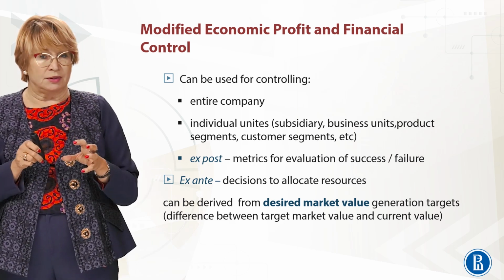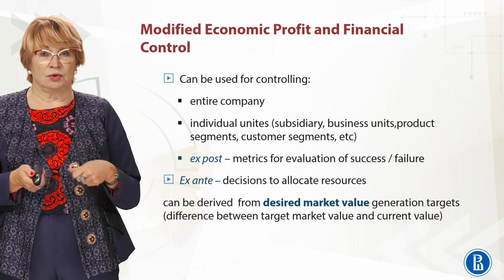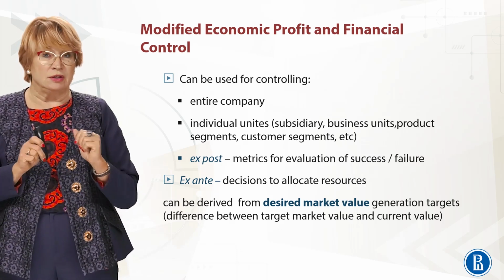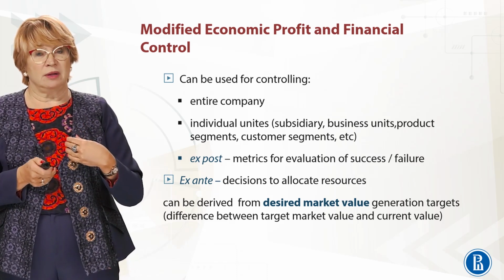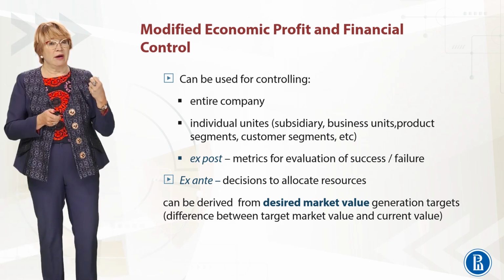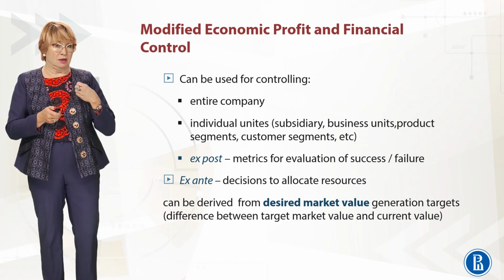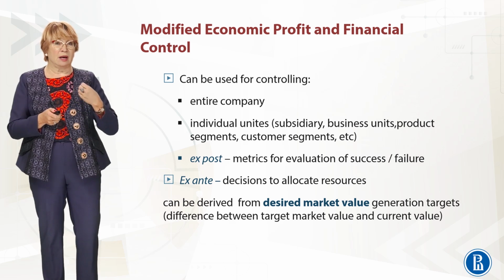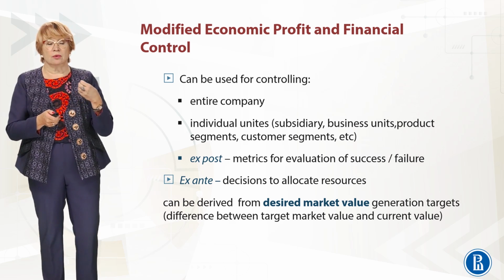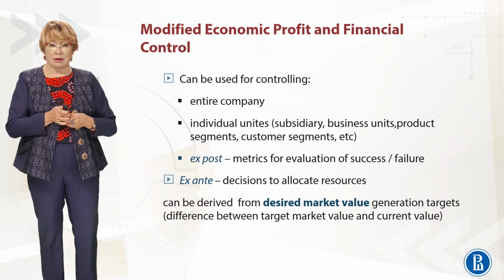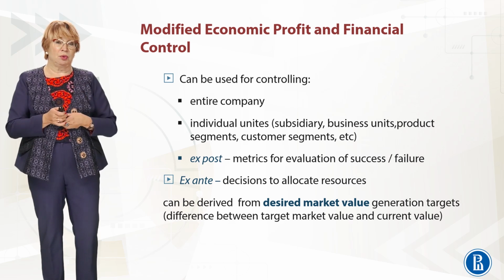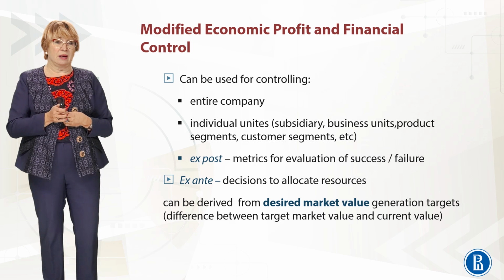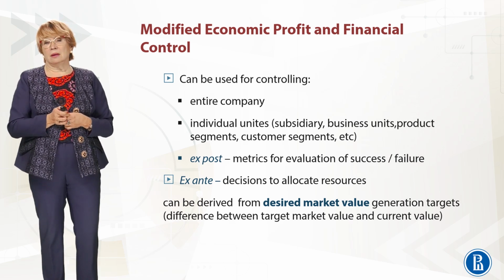And because you pretty well know that you have different business units or different subsidiaries which differ by their predominant resource, then you will apply these targets and develop your desired target value added per customer, value added per person, value added per supplier, value added per each unit of research and development, etc. And you will also develop your target for average cost per customer, average cost per person, average cost per supplier, or average cost for your research and development unit, and so on and so forth.